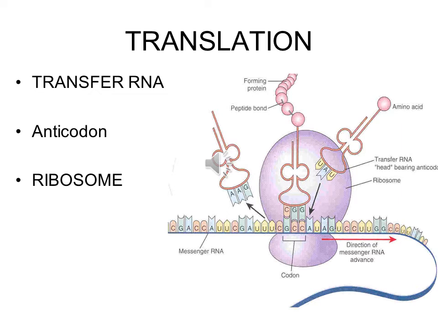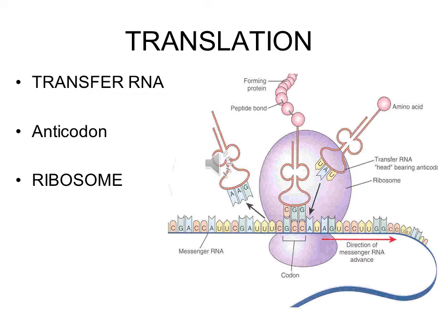One side has a place where an amino acid can attach. The other side has a sequence of 3 nucleotides called the anticodon. The bases in the anticodon will pair with the complementary bases in the messenger RNA. Each type of transfer RNA is specific for a single amino acid.